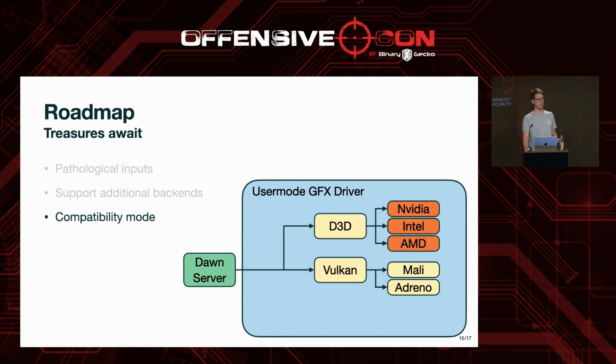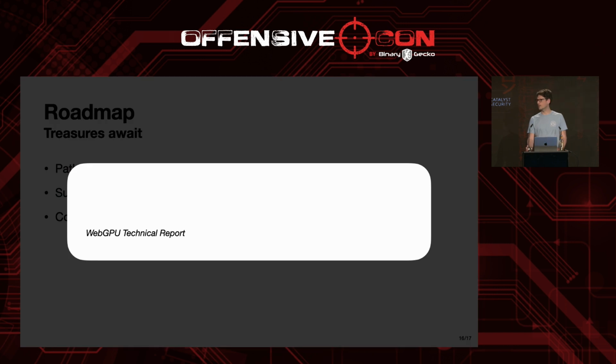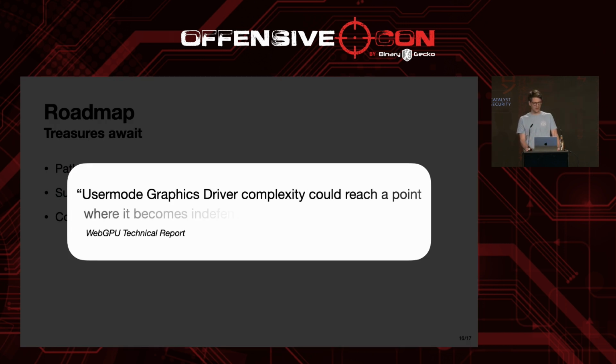Instead, compatibility mode will implement WebGPU on top of OpenGL, and this will allow targeting more devices via WebGPU, and it can potentially even open up additional pathways into the existing shader compilers that have been tested so far. And due to this vast complexity that will even increase in the future, due to compatibility mode, I'd like to share one more quote, this time from the Chromium technical report on WebGPU, and it states, user mode graphics driver complexity could reach a point where it becomes indefensible. And let's see where we'll end up there.